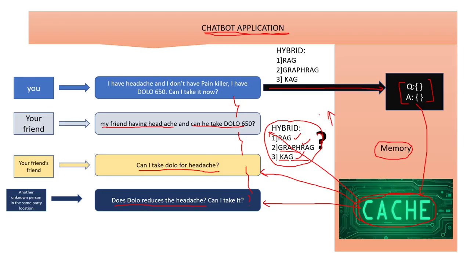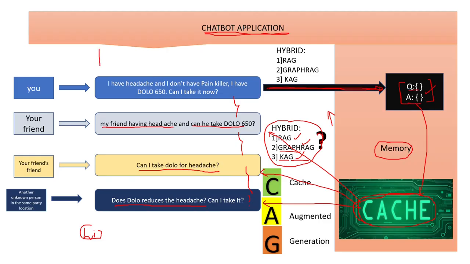This process is called cache-augmented generation. But it has its own limitation. The limitation here is, whenever the user asks a query and consider he has asked a query and it answered and everything is right.